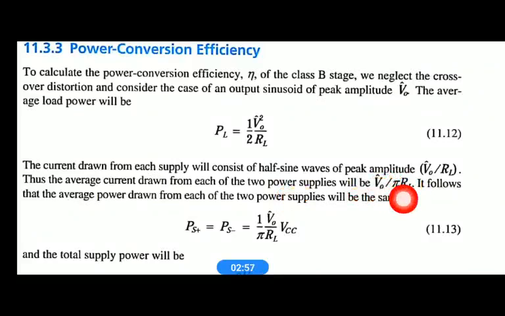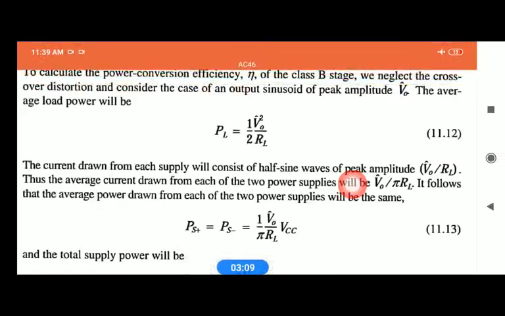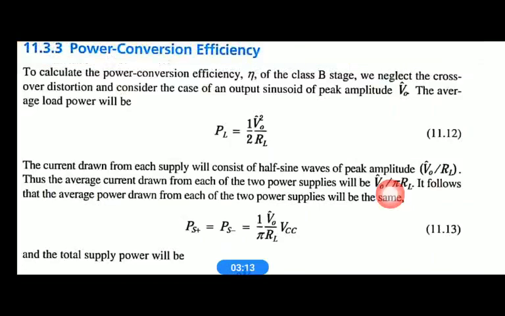See, V0 by RL is a current, and we are taking the average of the current here. Average of current means that for one power supply, it is giving current for a half cycle.